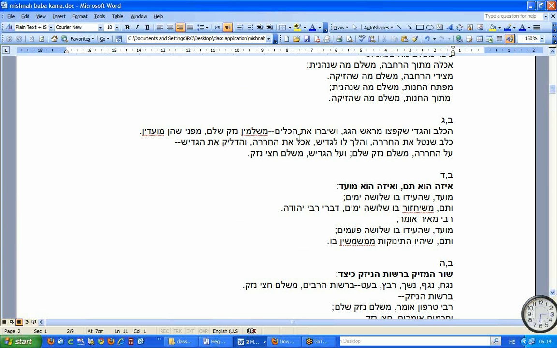Right. And what does he do? He eats the harara, he eats the bread, v'hidlikas hagadish, and by eating the bread and taking it over to the other person's field, he simultaneously burns the other guy's field down. So al harara mishalem nezik shalem. He pays for the bread that he took from the person because he went into reshus of the nizak.